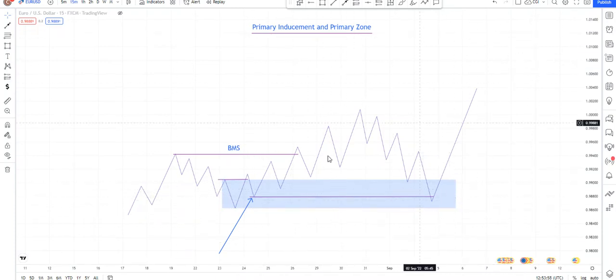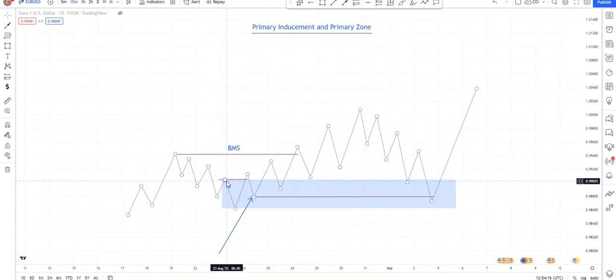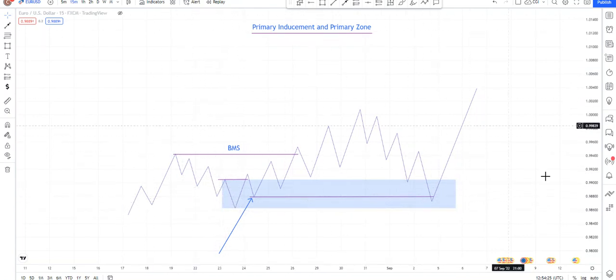Okay, before continuing. So now this area, this zone right here that I marked out, the zone between this first sign of bullishness, this minor break of market structure here, down to the lowest point of the previous retracement, that is what you call your primary zone.